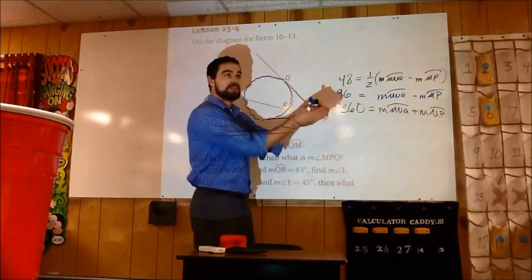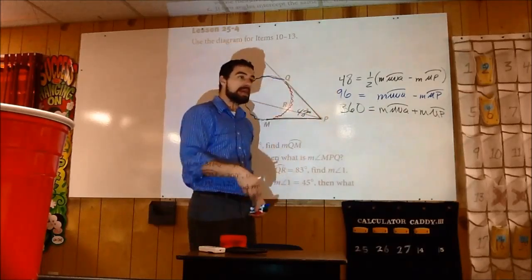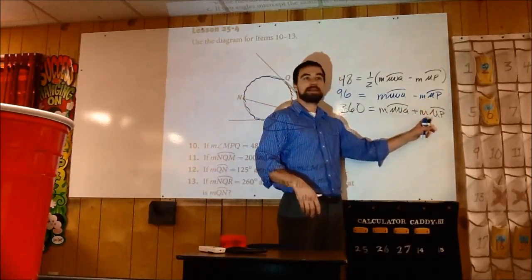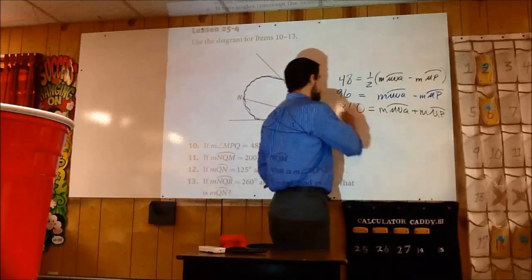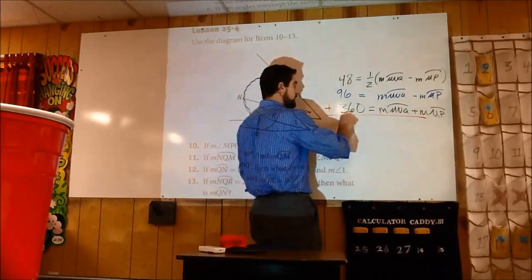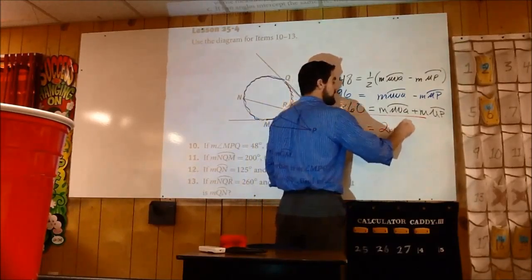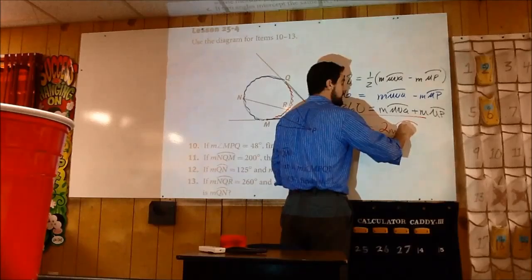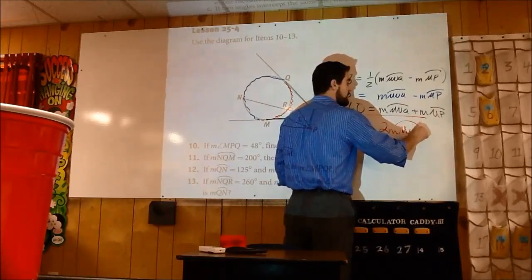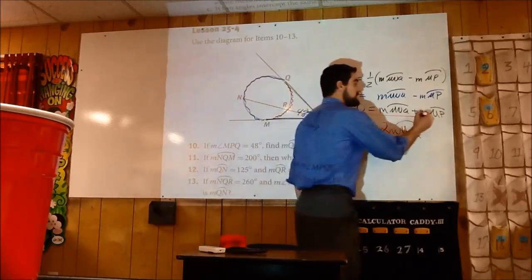So if I just smush these together, if I add them, then those will be eliminated because -1 and +1 is 0. So I'm going to put a big old plus sign. When I add these, I get 456, correct? Then I get 2 of my measures of major arc MNQ, and like I said, those are eliminated. This is a zero pair.